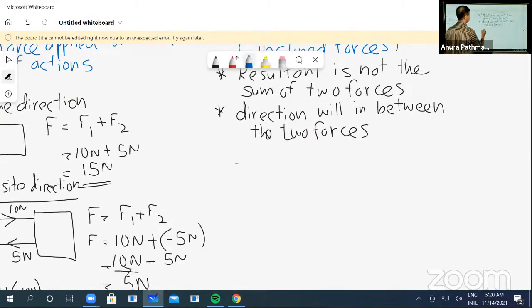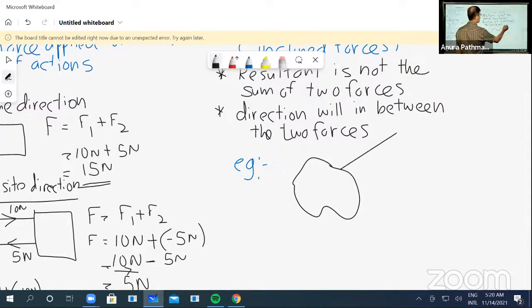Example. There is an object, and one force is applying in this direction. The other force is applying in this direction.